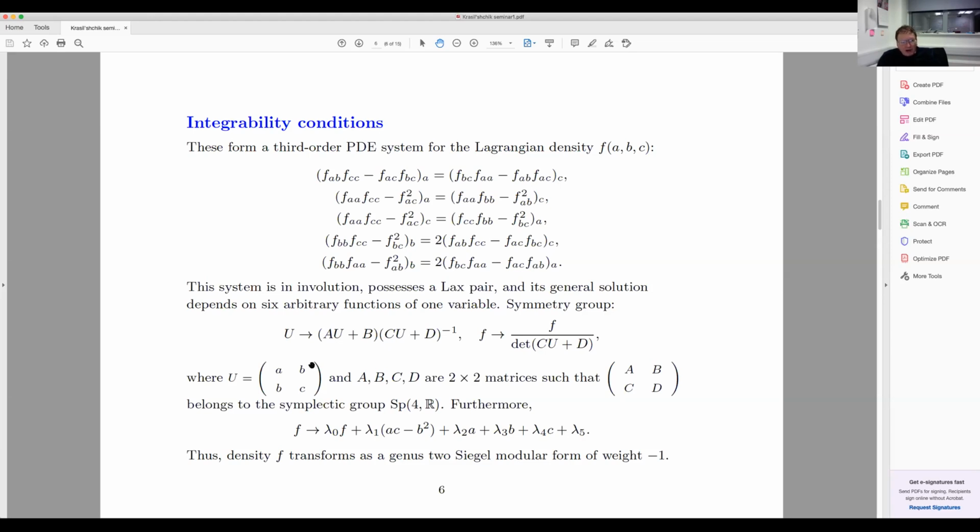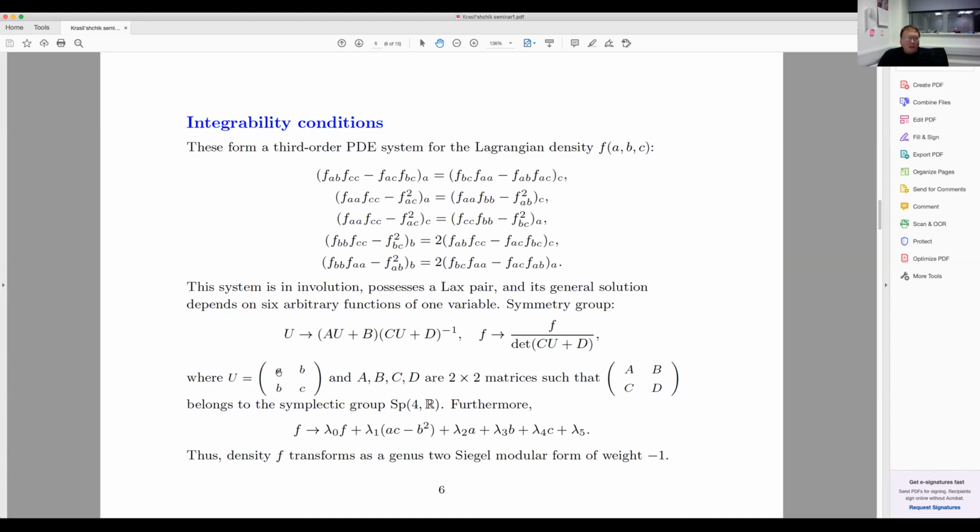Okay, strictly speaking, complex symmetric matrices with positive definite imaginary part, right? This is the Siegel upper half space. And the action of the symplectic group Sp(4,R) on the Siegel upper half space is precisely this. It's the analog of the linear fractional action of SL(2,R) on the upper half plane, linear fractional (az+b)/(cz+d). So this has an analog for symmetric matrices, right?